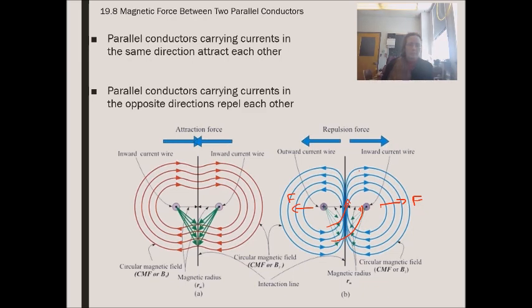Whereas if we have the current going both in the same direction, so here again I have the current going into the screen, so my thumb is pointing into the screen. We have the current wrapping around this way. So if we do use our right hand rule, we'll find that the magnetic field wraps around this wire this way, and if this one's going in the same direction, it's wrapping around the same way. And so when we add up all the magnetic fields together, they end up looking like this shape.